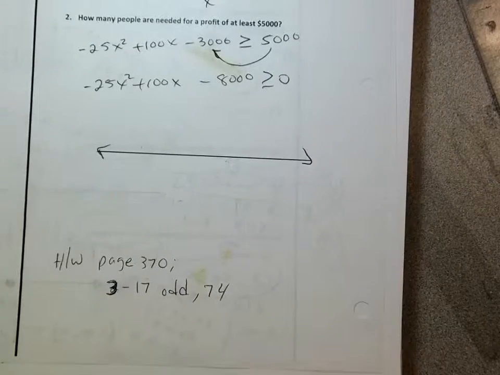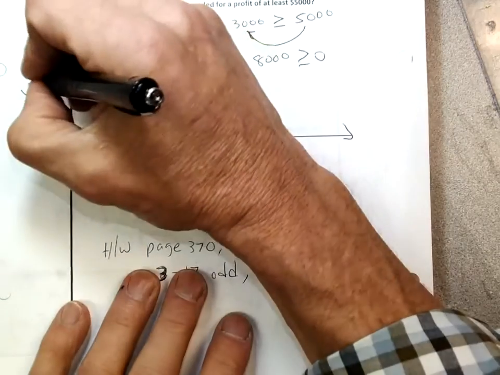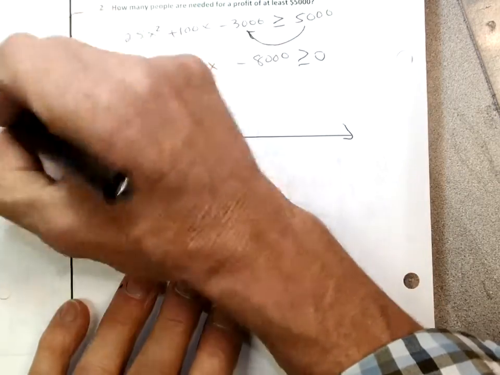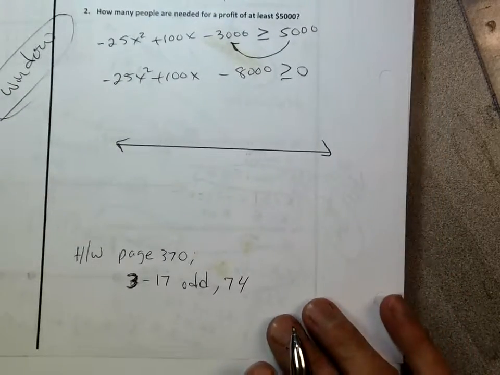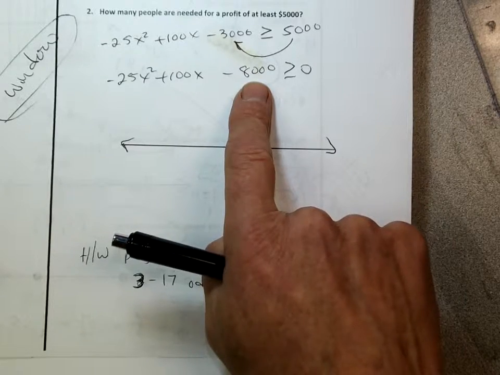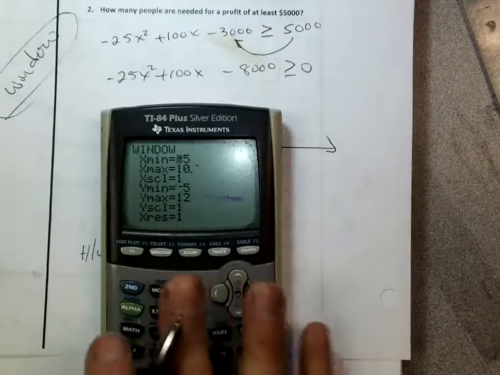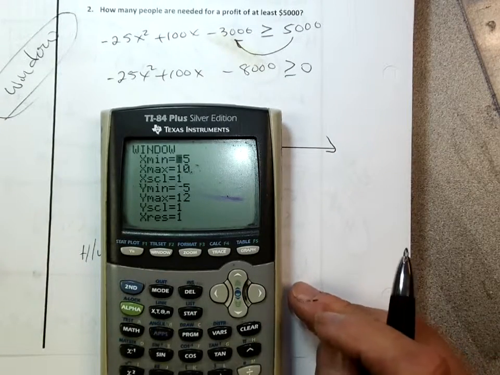All right, if I'm going to graph this, I'm going to have to think about my window. 8,000 is going to have to be in the window, right? So I'm thinking pretty big numbers. I don't know exactly what to put, so I'm going to play around with my window, okay?